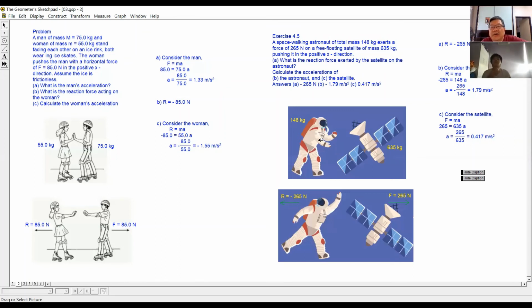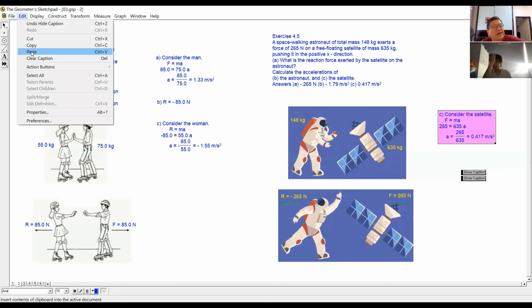So now the man will give the satellite a push. Okay, how much force? 265 newtons. So can you answer the three questions?